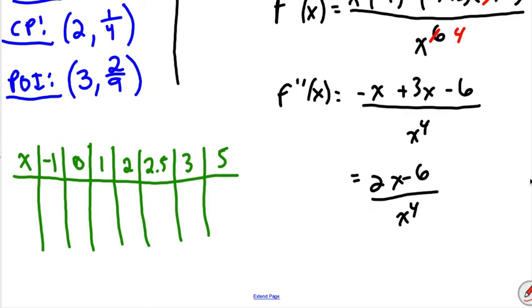Okay, so first of all, technically a 3-row table, but really 2 rows that we're filling in. We need the first derivative for increasing and decreasing and max and min, and the second derivative for concavity. I know that 0 wasn't undefined, so I'm just going to cross out that column.